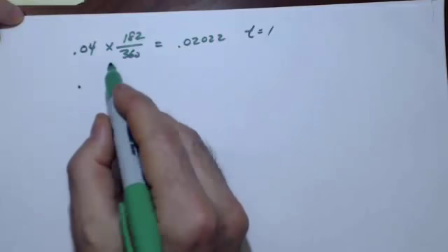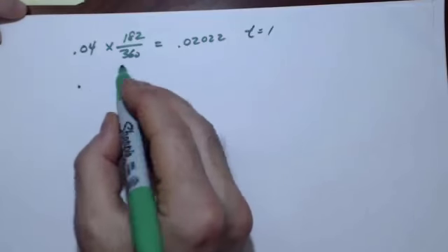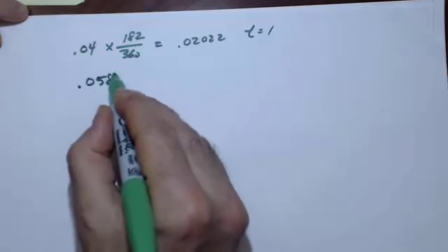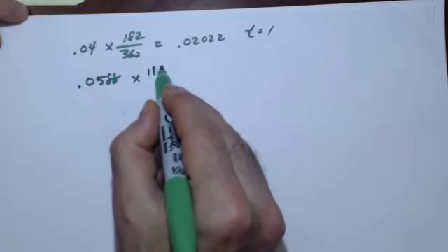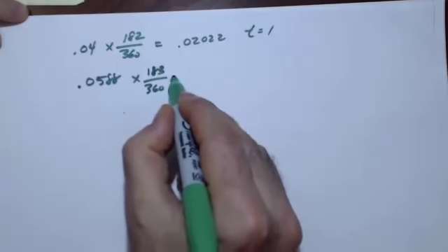And then get the next coupon. And that'll be the 0.0588 we just calculated, adjusted for the time frame.